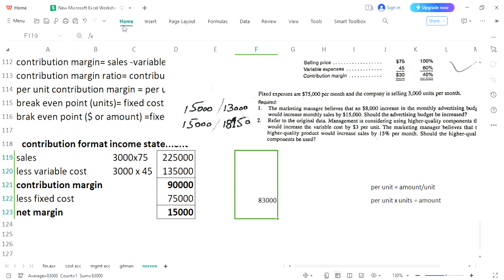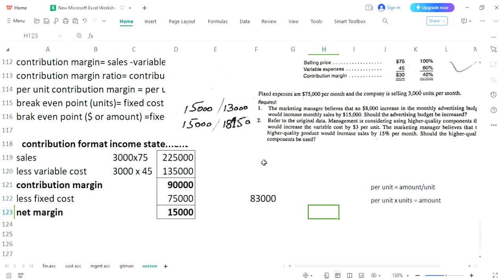Your fixed cost has been increased, and by increasing fixed cost, what would be the effect? There will be an increase in your sales. How much will sales increase? Here in the second line, read it. Monthly sale would be increased by 15,000. Alright.